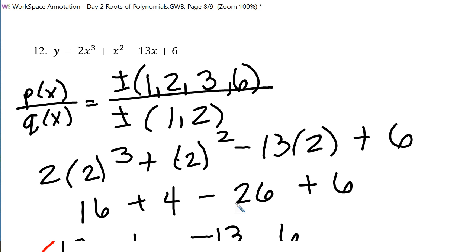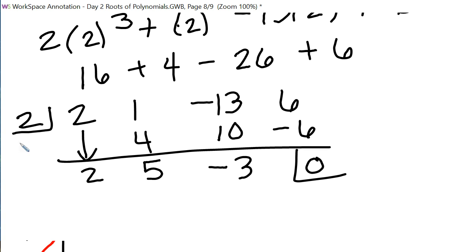Now the next thing I would do is to get it in factor form. They didn't use f of x, what did they use? Y. I love it. Since the remainder is 0, 2 is going to be the x-intercept.